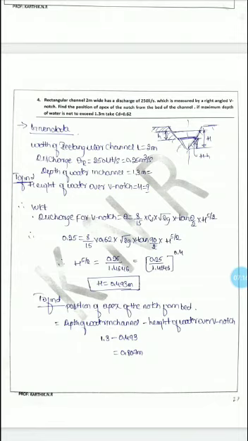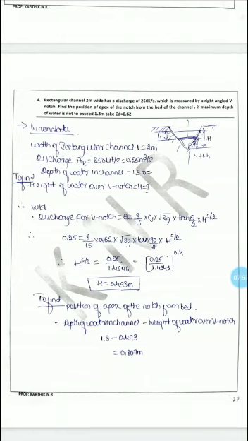Here we need to find the height of water over the notch, and the position of the apex of the V notch from the bed, that is from the base to the apex. For the V notch, the discharge equation is Q equal to 8/15 CD root 2g tan(theta/2) H raised to 5/2.